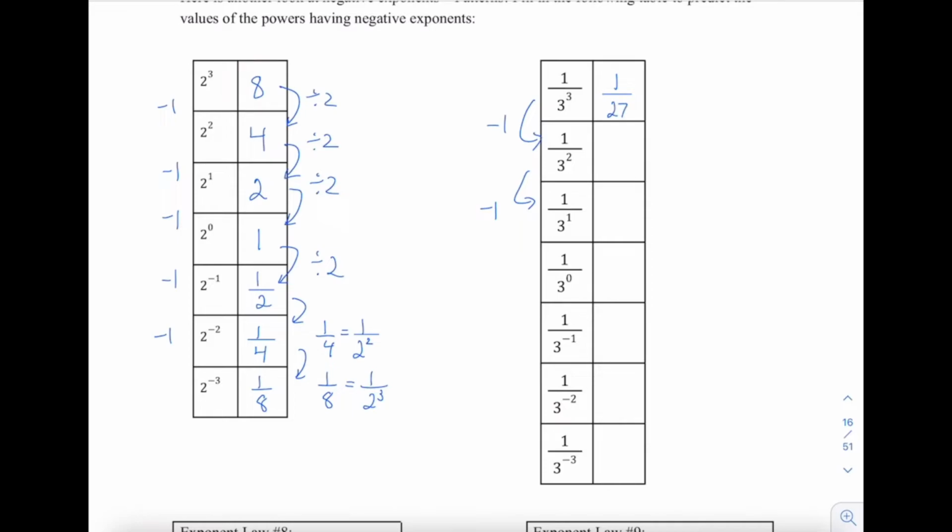And as the exponent gets smaller, what I'm actually doing here is multiplying by 3. So my quantity is getting bigger by a factor of 3. As my exponent is going down, I'm actually multiplying by 3 here.